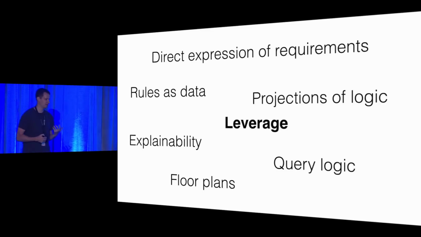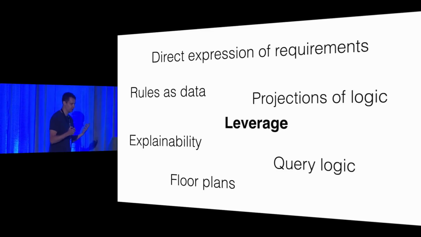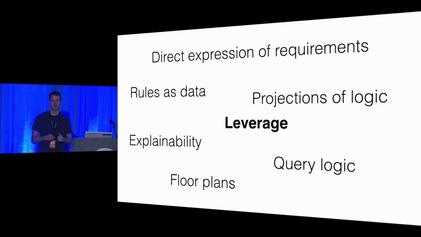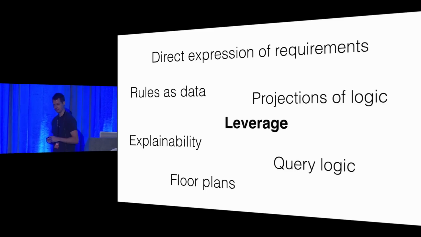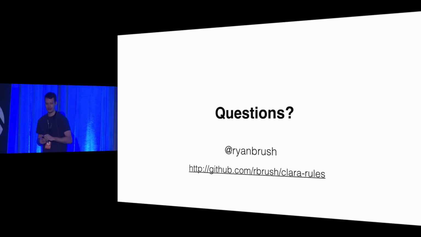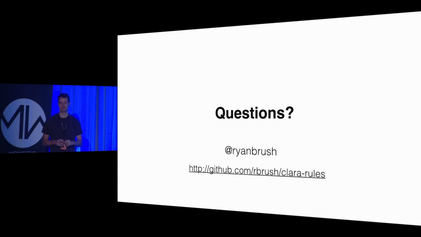And I think this is one of the biggest opportunities that we have in terms of raising up rules as a first-class control structure and obtaining that leverage in a language. Clojure is one example, but I think this could be done in a number of expressive languages. So with that, we have some time left for some questions.